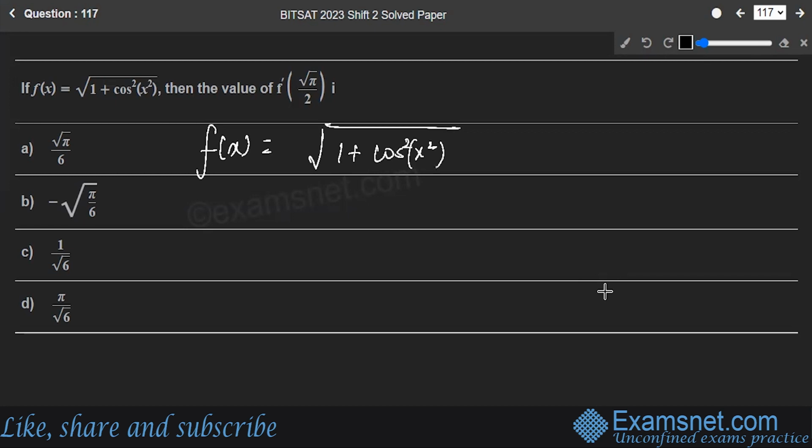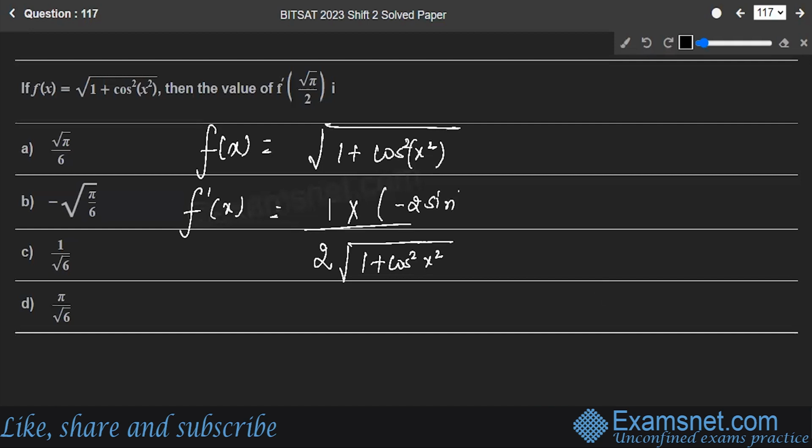On differentiating both sides with respect to x, you have f dash x is equal to 1 upon 2 root of 1 plus cos square x square, into minus 2 sine x square into cos x square.